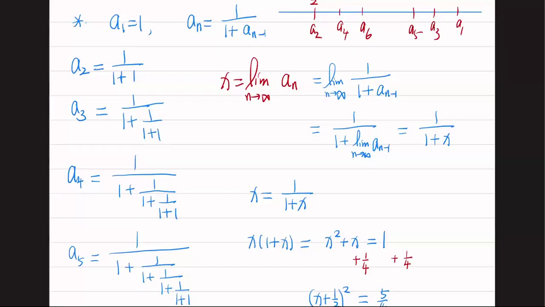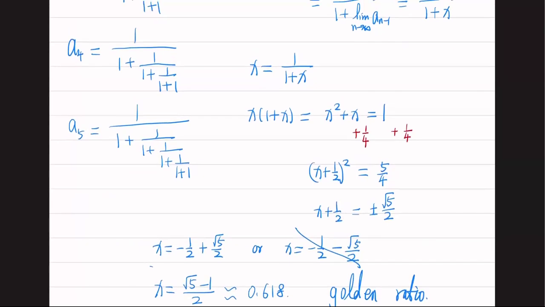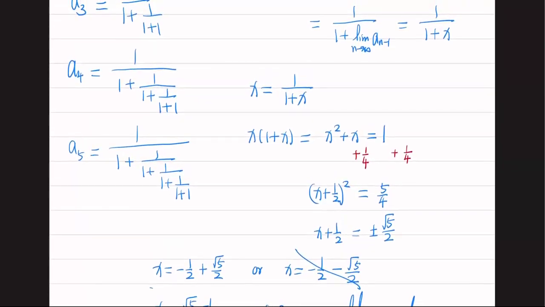Okay, so this construction is called the continued fraction. Given a sequence of numbers, we can construct the continued fraction.